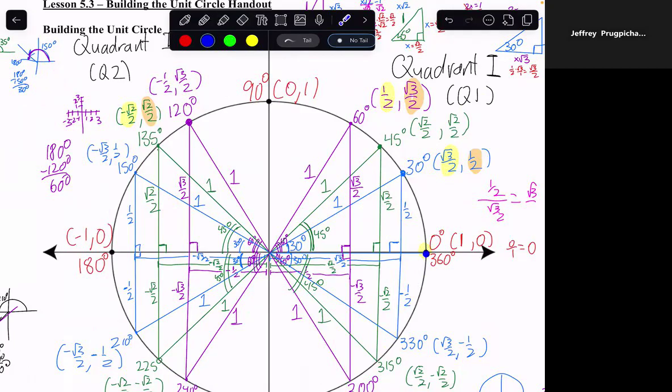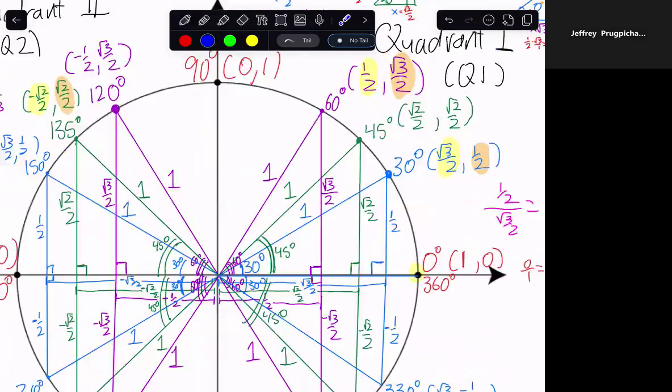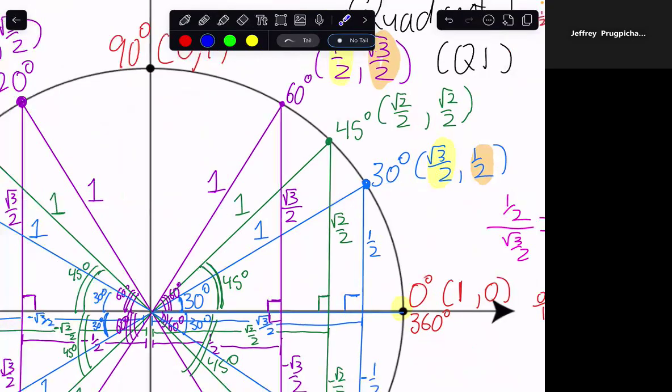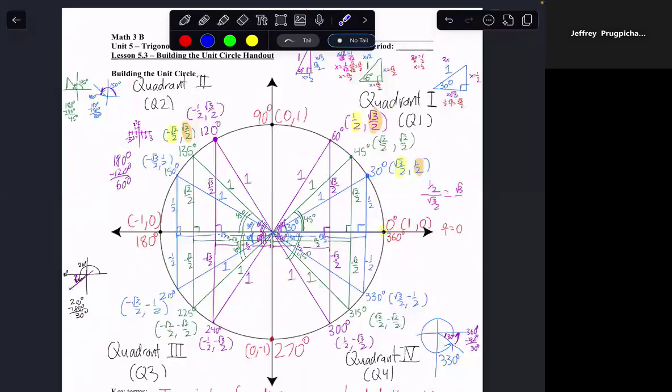If you go another 30 degrees, so 360 plus another 30, that'd be 390. But you land in the same place as the 30 degrees. Even though you got there in different ways, you land on this point with this x and y coordinate. It's just going to repeat over and over.